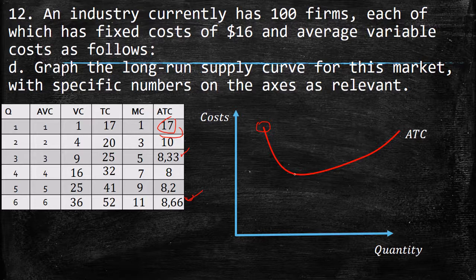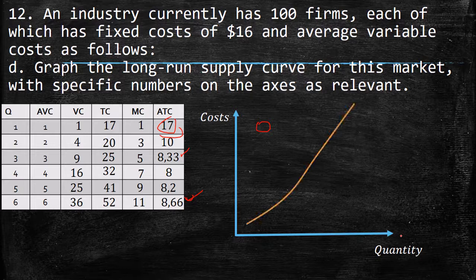Okay, this is the minimum one, which is 8, and then it starts to increase. Then let me see here. This one is going to be 4, which is the minimum of this one, and this one is going to be 7 because it's the marginal cost.